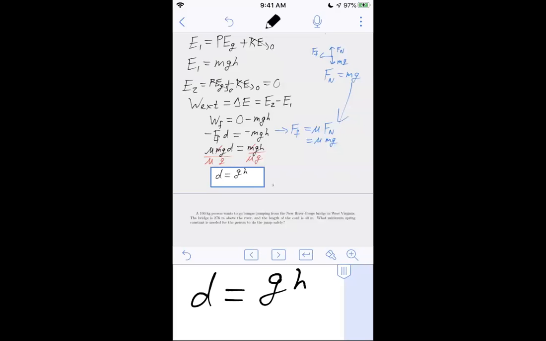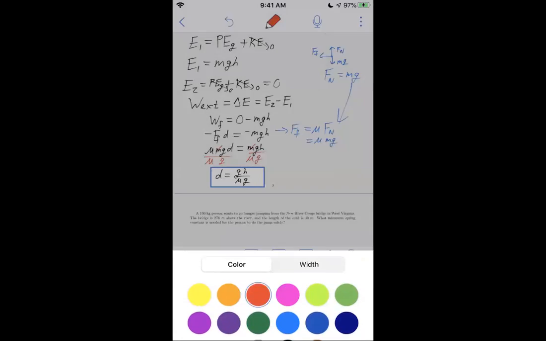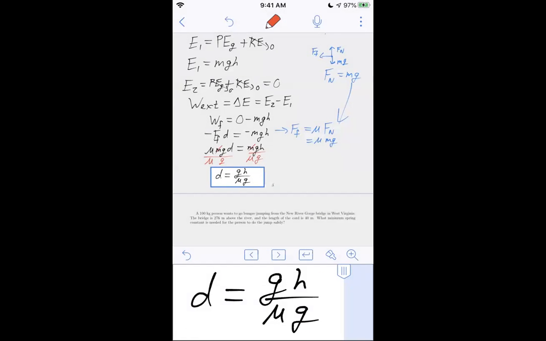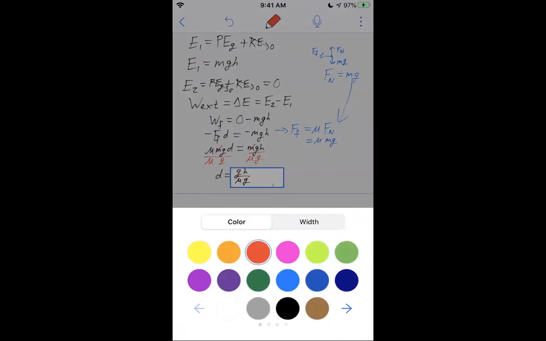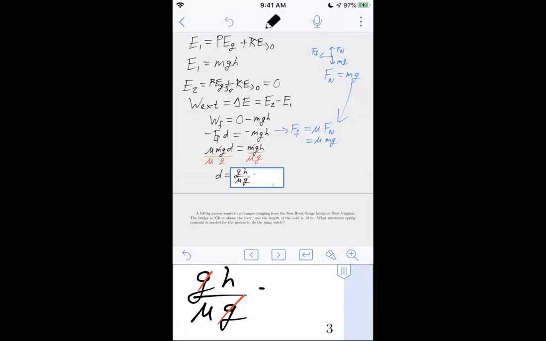I've got g times h divided by mu times g, and there we go. Now, if you didn't notice, that's fine because we know what g is, so if you had just plugged in numbers, you'd be fine. But that's going to save us some calculation. So that's going to give us h divided by mu.